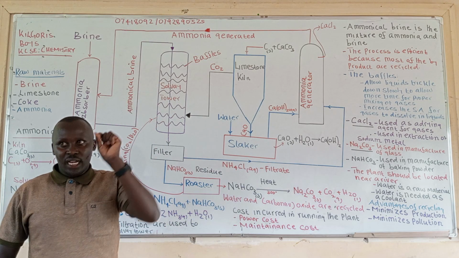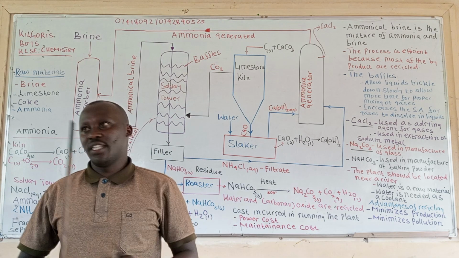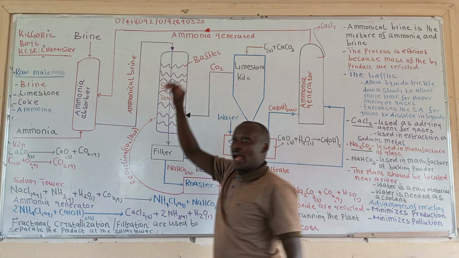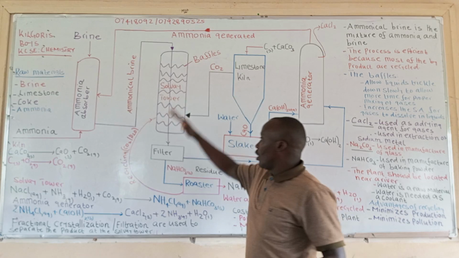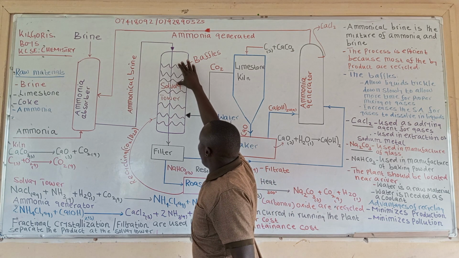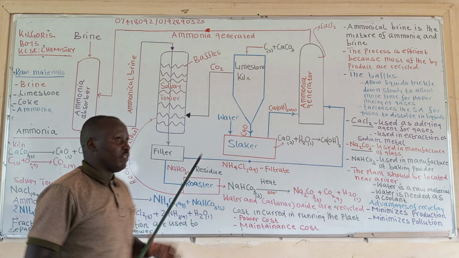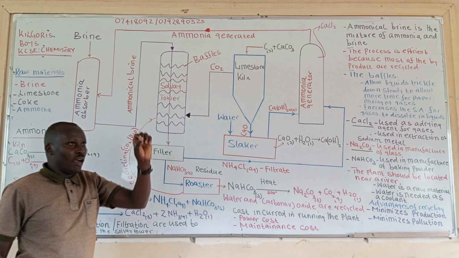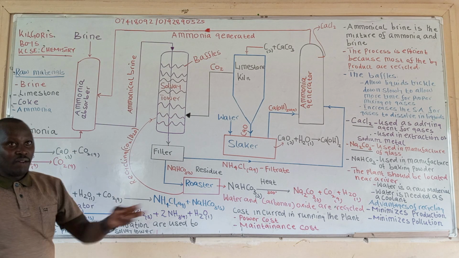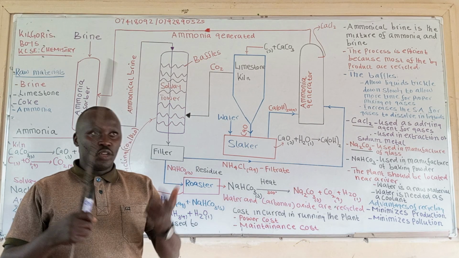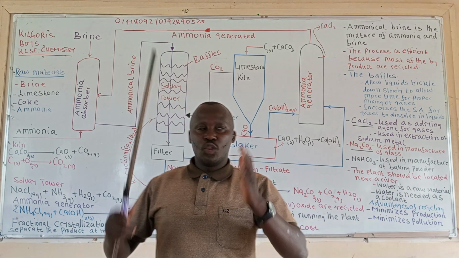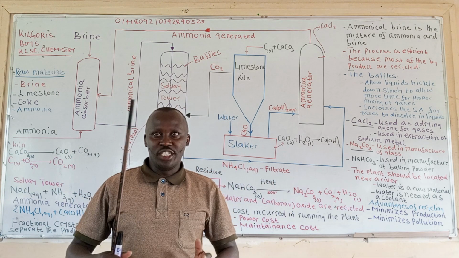But now, there are two types of reaction which normally take place here: the reaction at the upper part of the Solvay tower, and the reaction at the lower part. At the upper part, ammonia gas combines with water and carbon dioxide to form ammonium hydrogen carbonate.